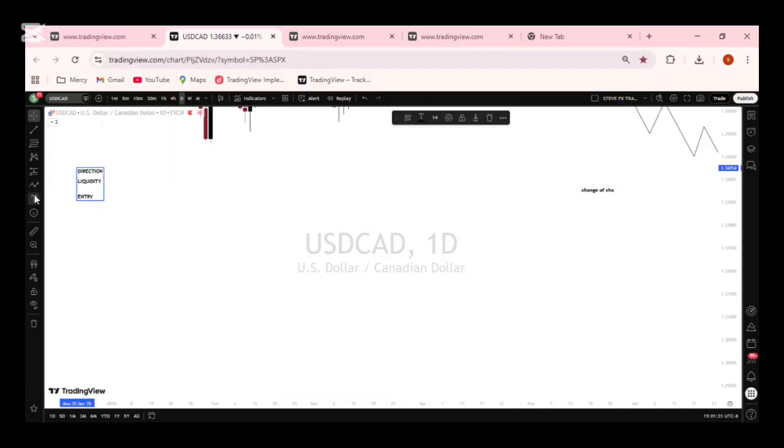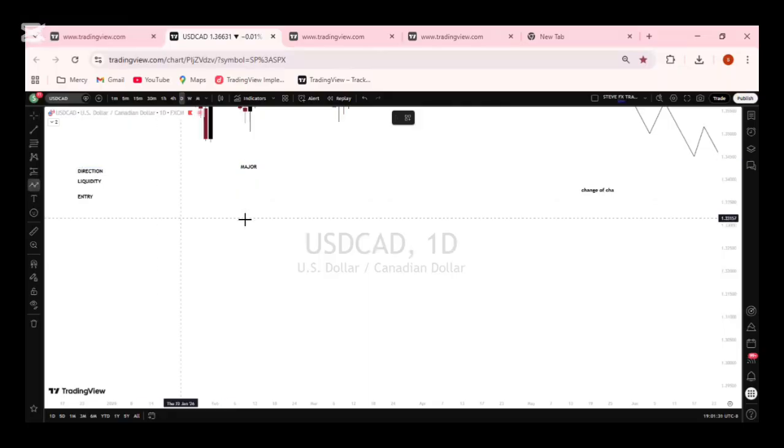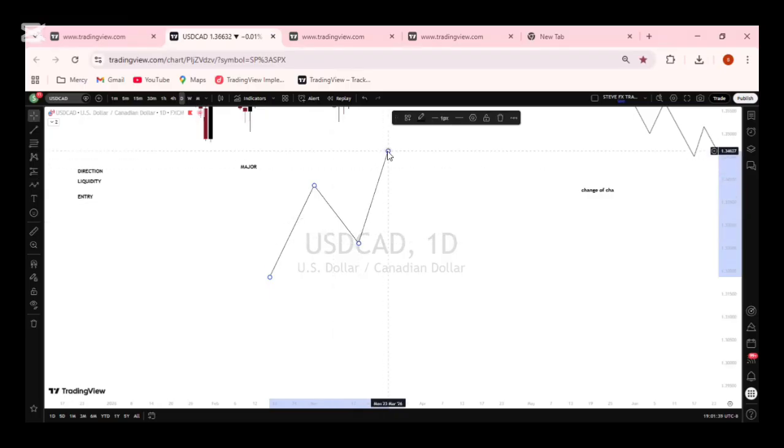Now, when we take major structures, a major high, or a break of structure of a major high, indicates directional continuation.